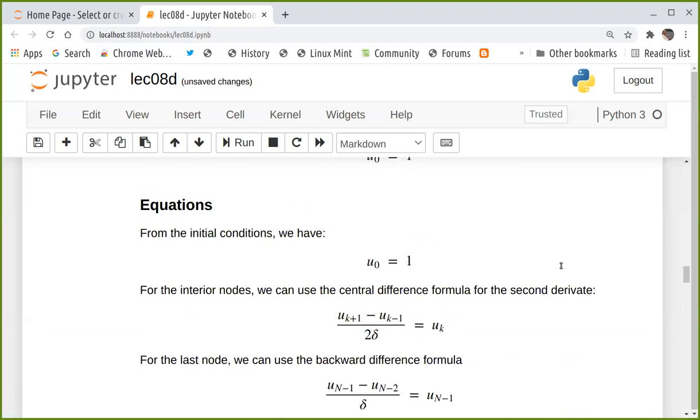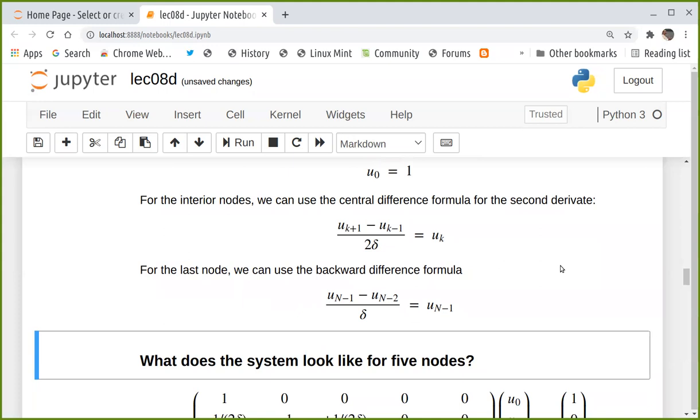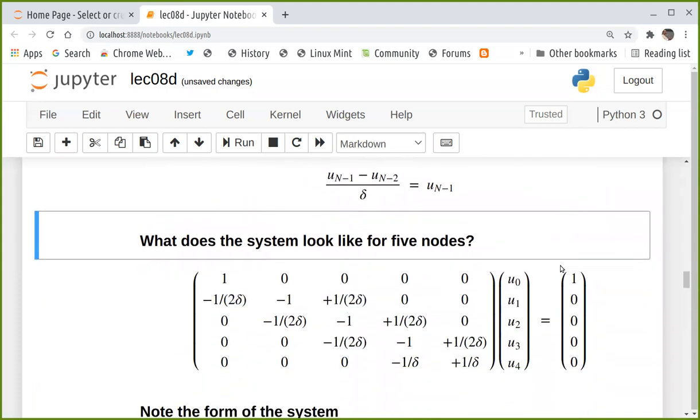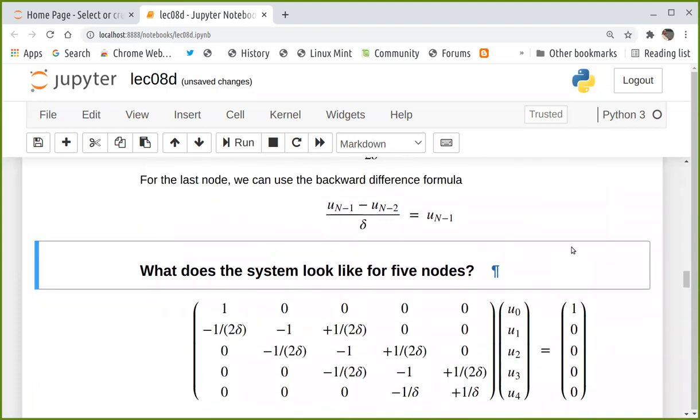Now, un minus 1 is going to appear in the central difference formula for the derivative at un. So you could perhaps not have that as an equation. Or let's decide if we want to put an equation in, maybe we'll use the backward difference formula for the last node. Okay. So for 5 nodes, what does this look like?